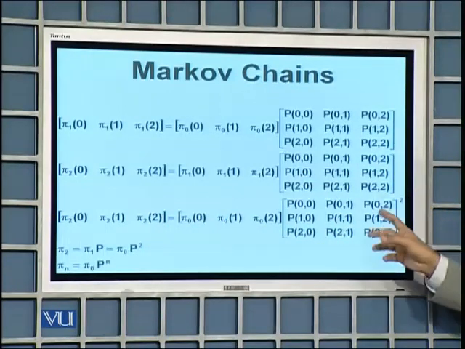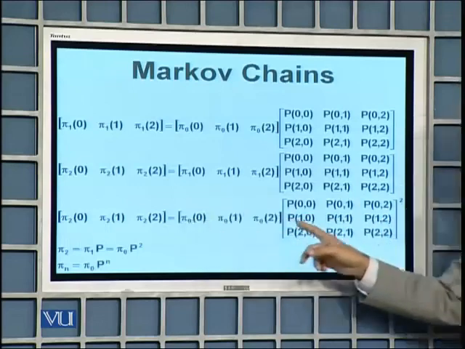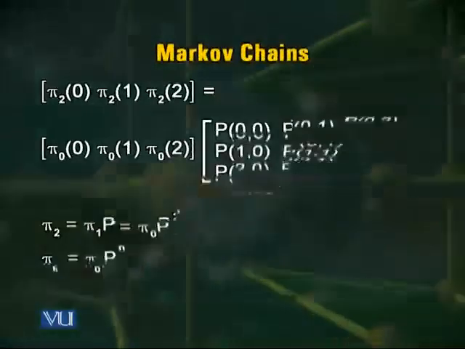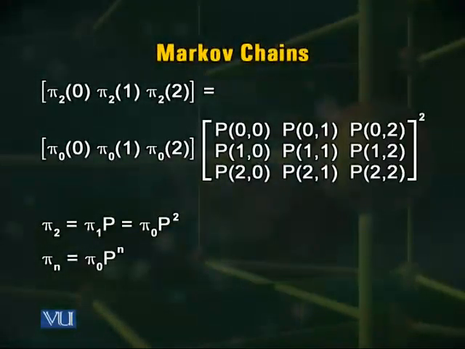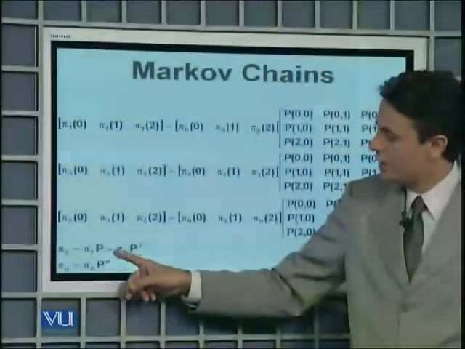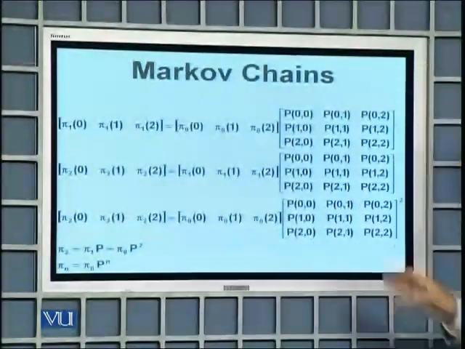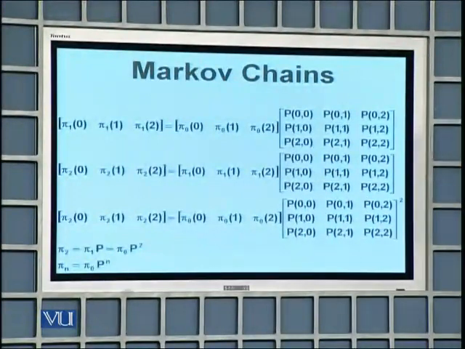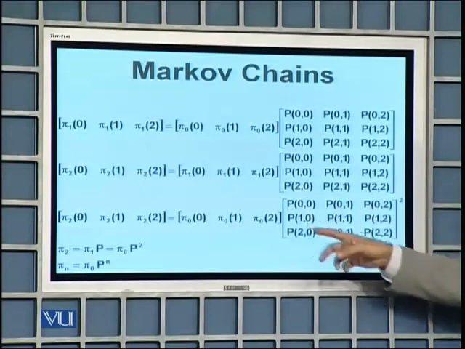This means you have to multiply this vector twice with this transition matrix, and this can be generally extended to come up with a formula that the probability distribution at the nth sampling instance is equal to the initial probability distribution times P raised to power n, where P is this probability transition matrix.